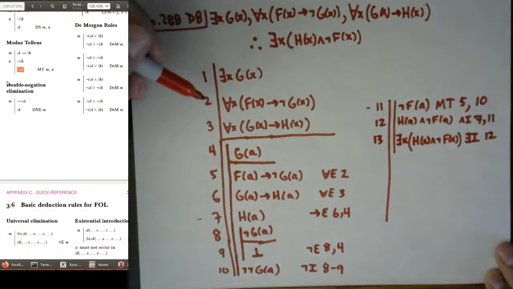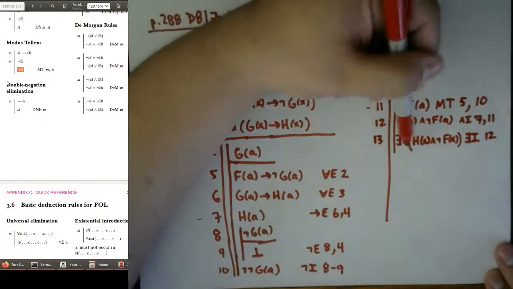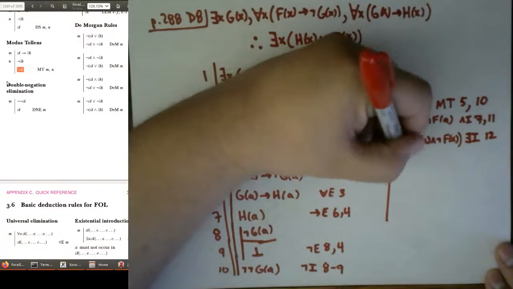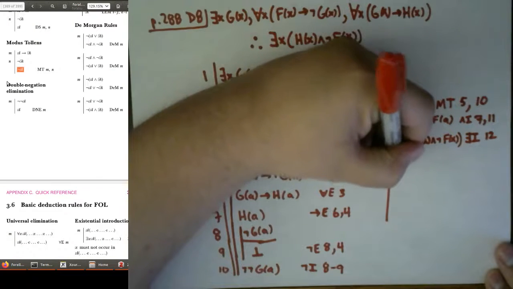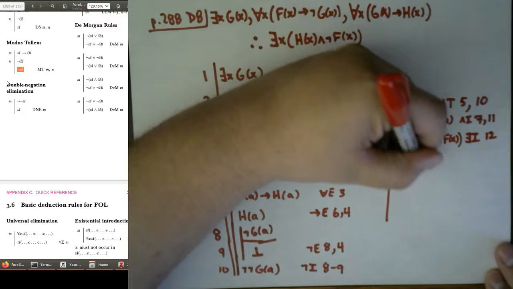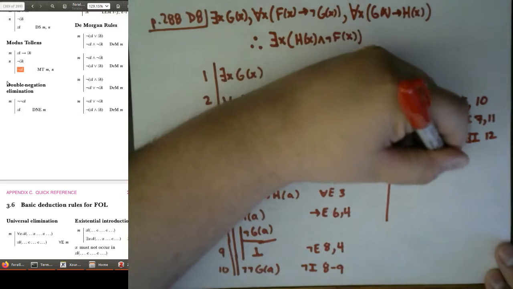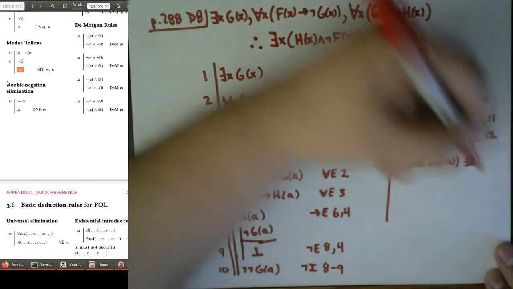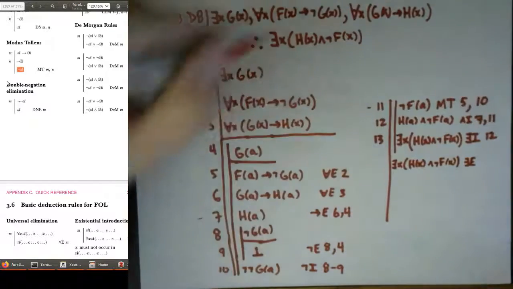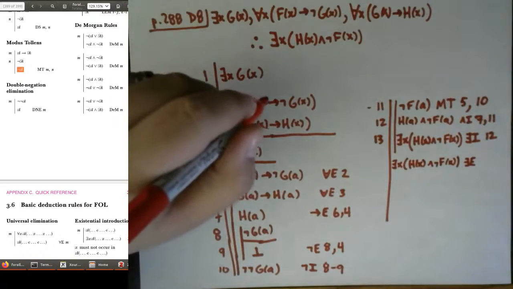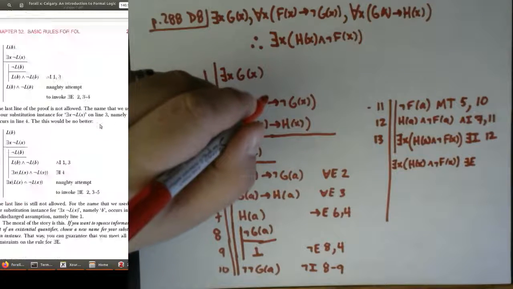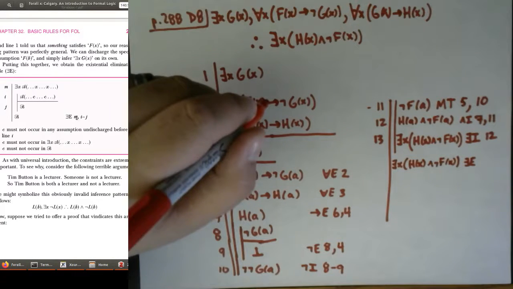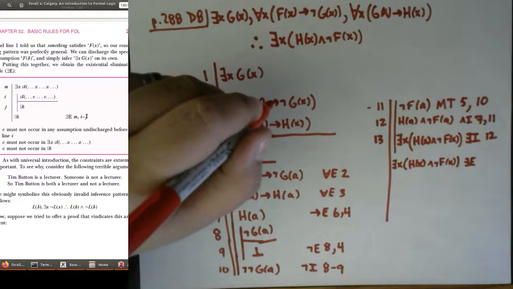Now, also like before, I've arrived at a sentence that's appropriate to pull out of that subproof. So I can pull that out now, and that's existential elimination. When I cite that, I cite the original existential statement and the subproof.